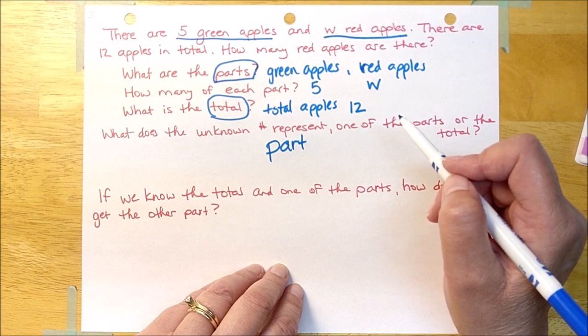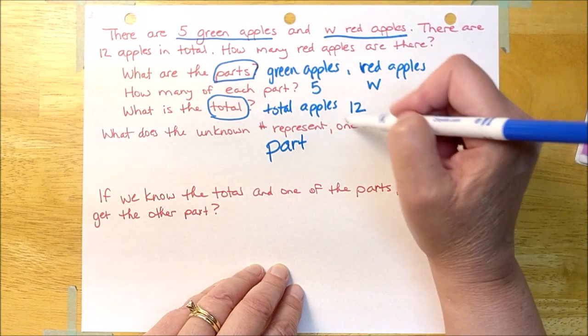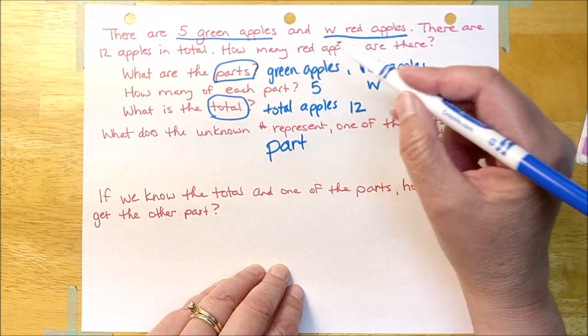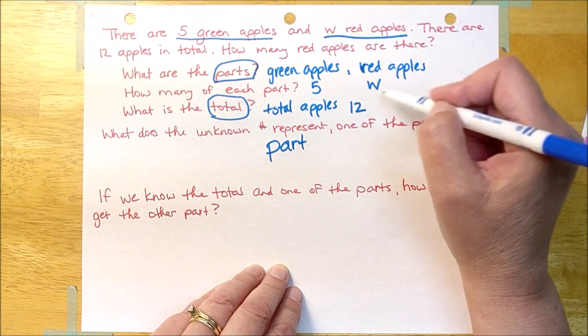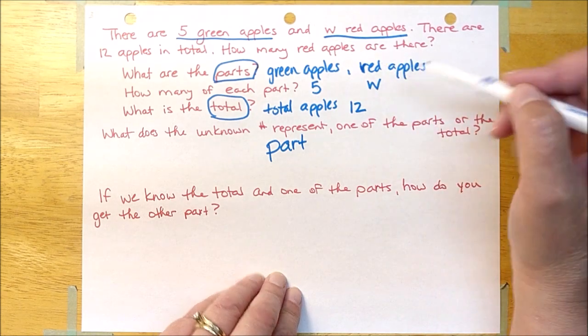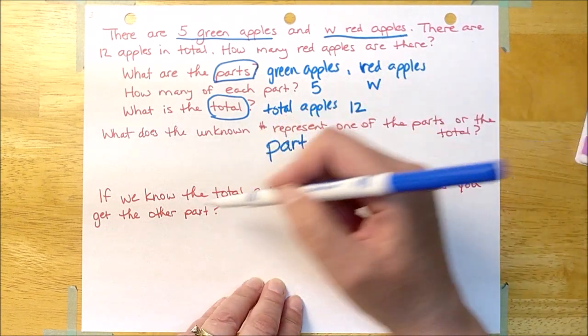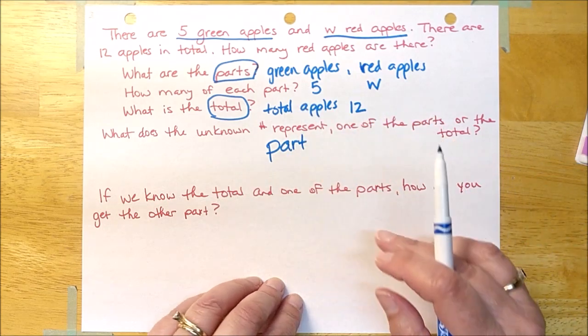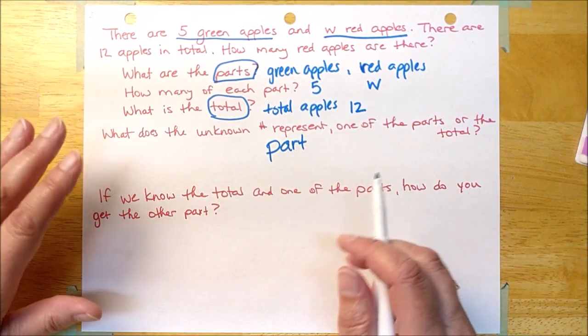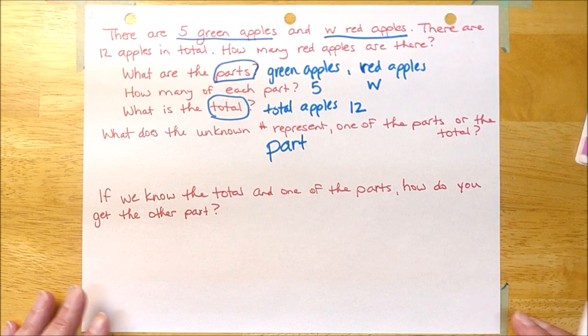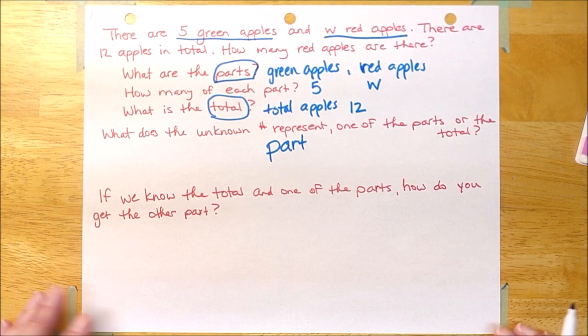If you know the total, which we do, and one of the parts, how are we going to figure out that other part? Some of you who are very clever are going to go, we're going to subtract, of course.